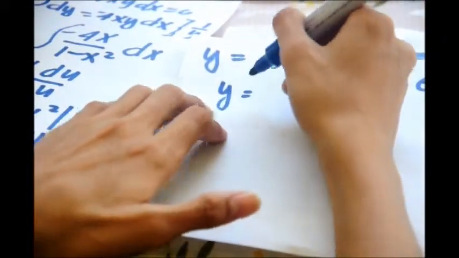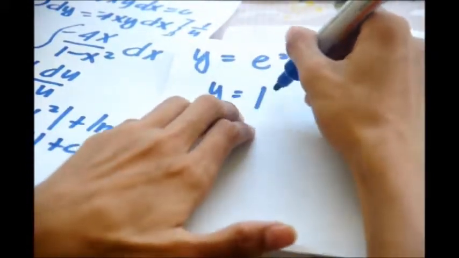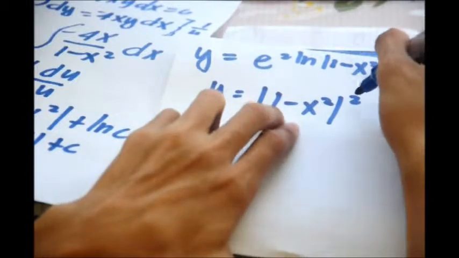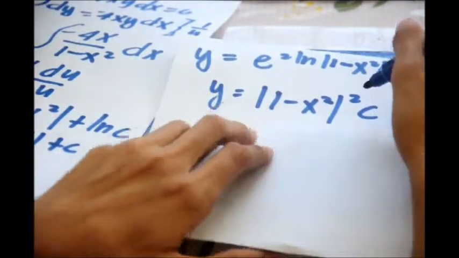So we have now the equation, which is y equals the absolute value of 1 minus x squared raised to the power, times c.